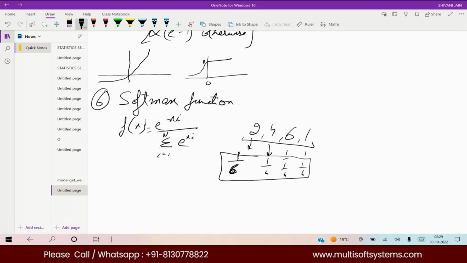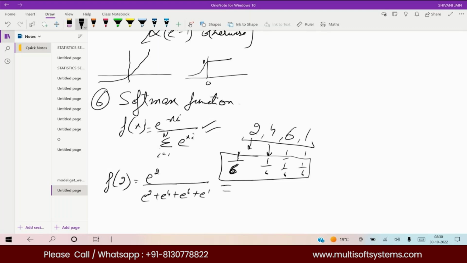In this, the greater the magnitude, the greater the value, so the largest input will have the maximum value. How do we calculate this? F of 2 equals e raised to the power 2 divided by e raised to the power 2 plus e raised to the power 4 plus e raised to the power 6 plus e raised to the power 1.